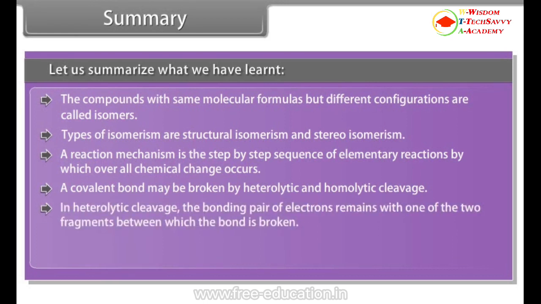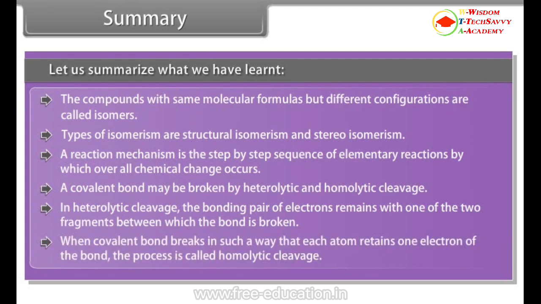In heterolytic cleavage, the bonding pair of electrons remains with one of the 2 fragments between which the bond is broken. When a covalent bond breaks in such a way that each atom retains 1 electron of the bond, the process is called homolytic cleavage.